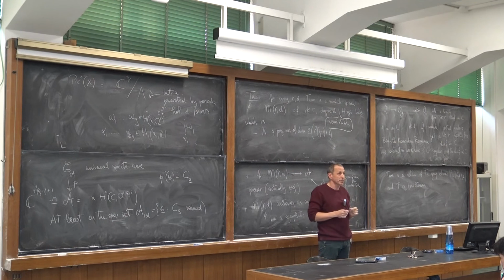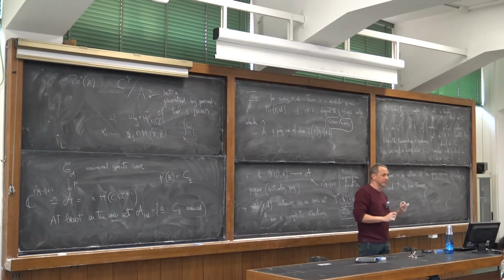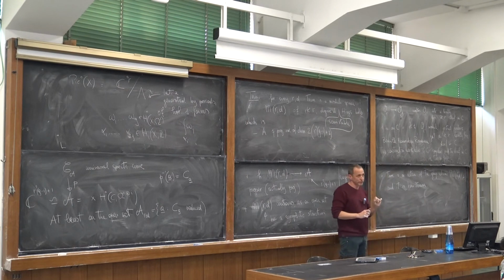For instance, the description of G2, I don't remember it, but the only thing I remember is that it's fantastically beautiful, okay? In general, instead of considering the whole Picard group, you have involutions on the spectral curves, and then you consider only line bundles which are stable by these involutions.